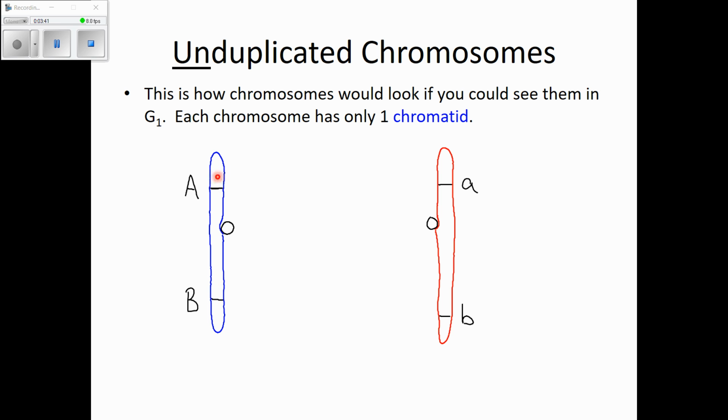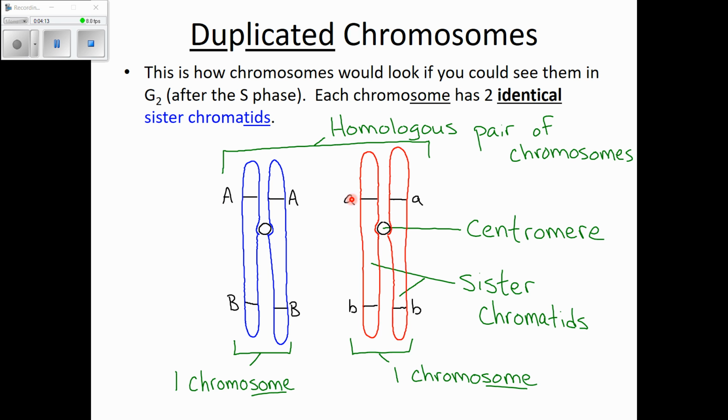It has one chromatid, or one copy of itself. And then over here is a separate chromosome, and it too has one chromatid, or one copy of itself. And if you could see chromosomes during G1, this is how they would look. You actually cannot see chromosomes during G1 because remember, the DNA does not coil up and actually form chromosomes until mitosis begins.